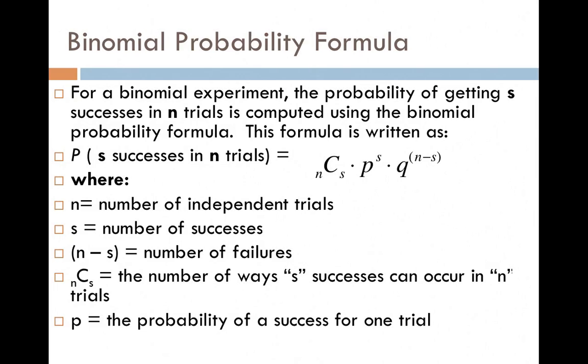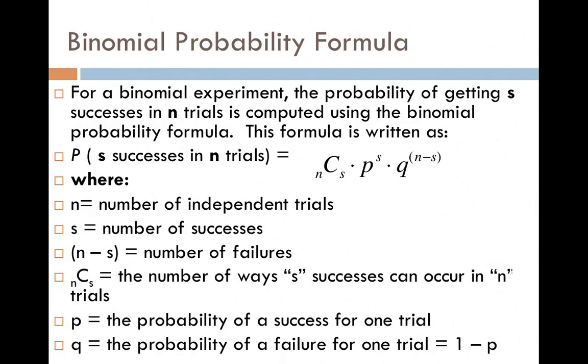P represents the probability of success for one trial, and Q represents the probability of failure for one trial, which is 1 minus P. So imagine that we're rolling a die. The probability of success could be the probability of getting a 6. That's 1 over 6.